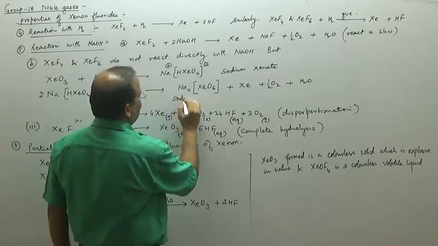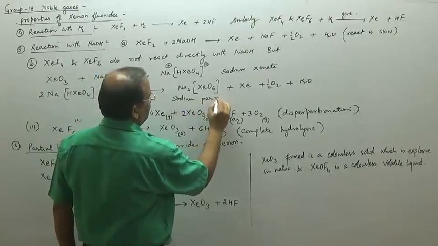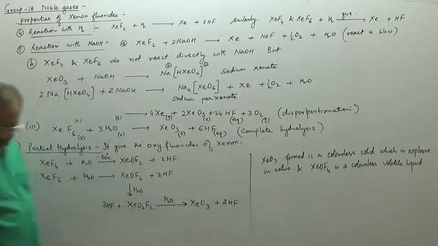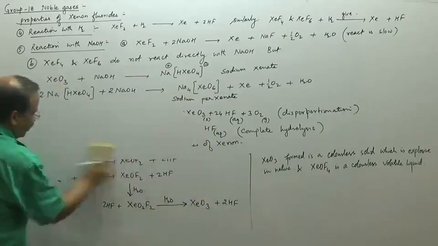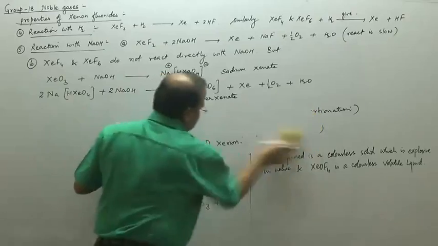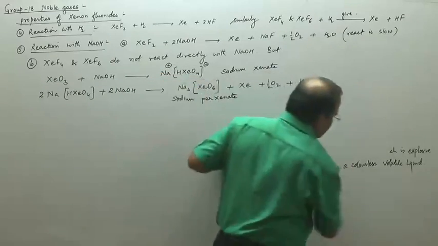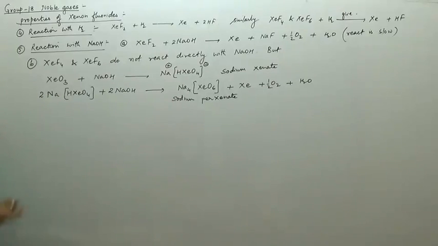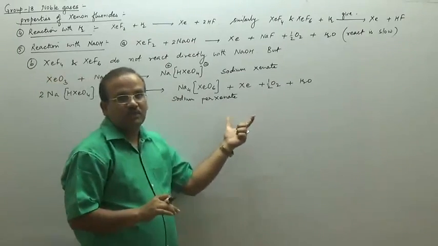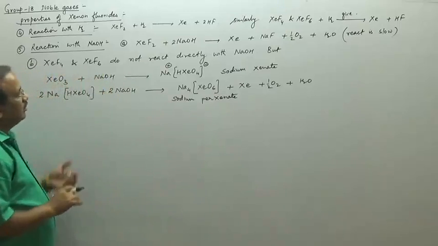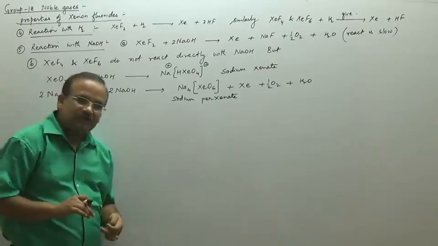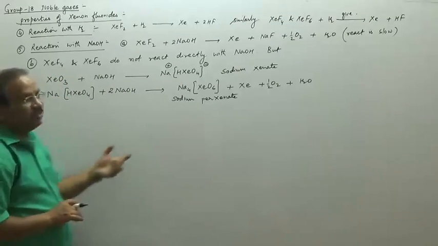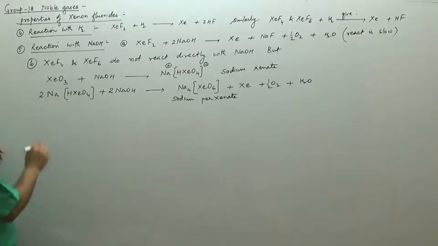This is the product of the reaction with NaOH. So NaOH is reacting not directly with XeF4 and XeF6, but with XeO3 to form the xenate, and that xenate reacts to form perxenate.